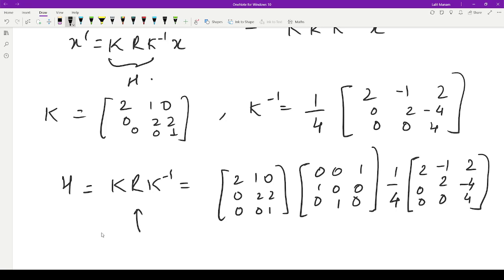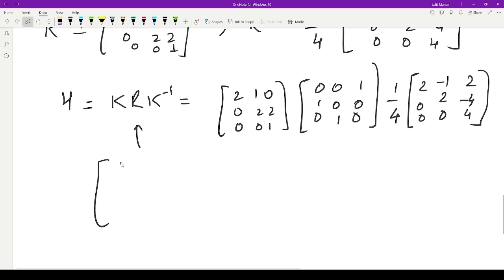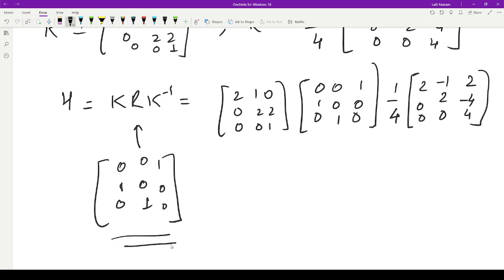In the question, it's given that it's a rotation matrix, which looks like this. Do you agree that it's a rotation matrix? Does it have to be a diagonal matrix? Just by inspection, this doesn't look diagonal, right? Yes. It's a valid rotation matrix, but can you give me a proof of why it's a rotation matrix in the first place?